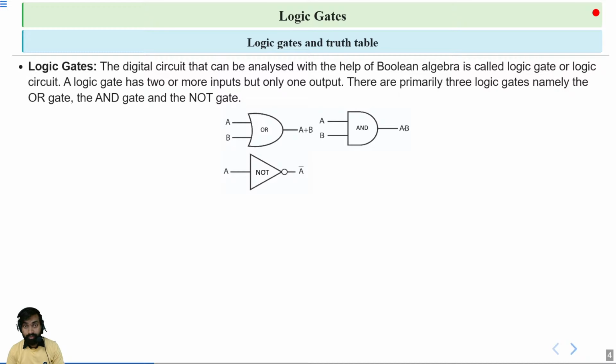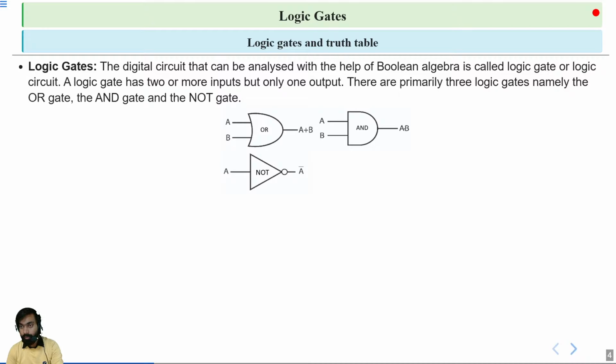So logic gates have two or more inputs but always produce only one output. Inputs and outputs are represented using binary digits 0 and 1. 0 means low and 1 means high.